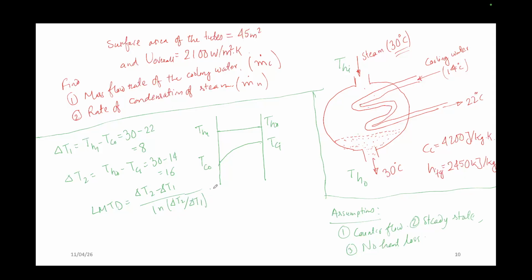So tell me what value is coming through calculation. 11 point. Okay, let us take 11.5.